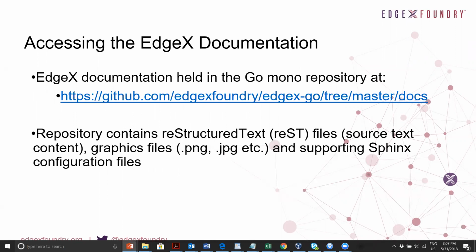As I said, it has a hierarchical structure, which we'll look at in a second, and it basically contains a bunch of REST files, or files with a REST extension, and graphic files, PNGs, JPEGs, etc. There are some supporting Sphinx configuration files that basically control things like the look and feel, but you'll probably not ever have to edit those. Those will be changing very infrequently.